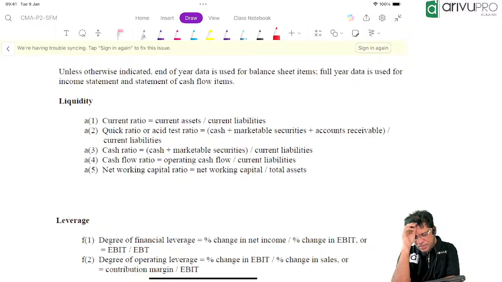Numerator will be cash plus marketable securities plus account receivable, divided by current liabilities.